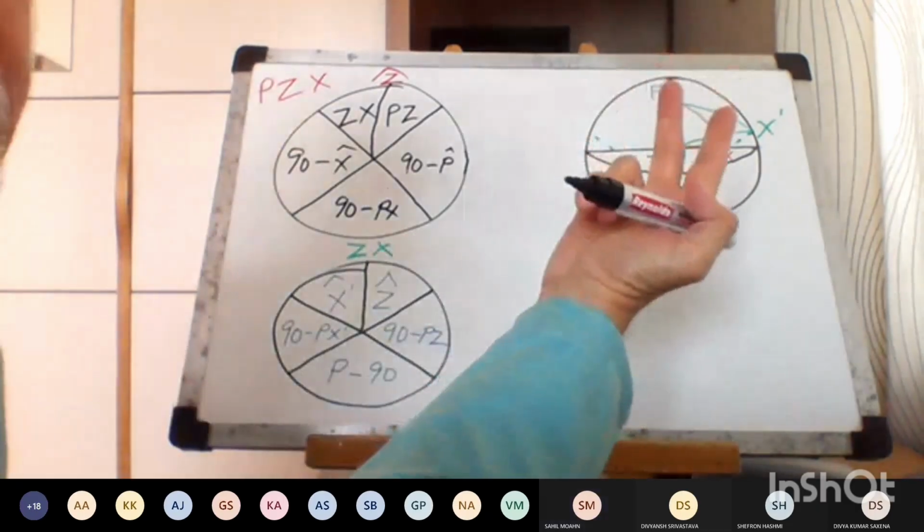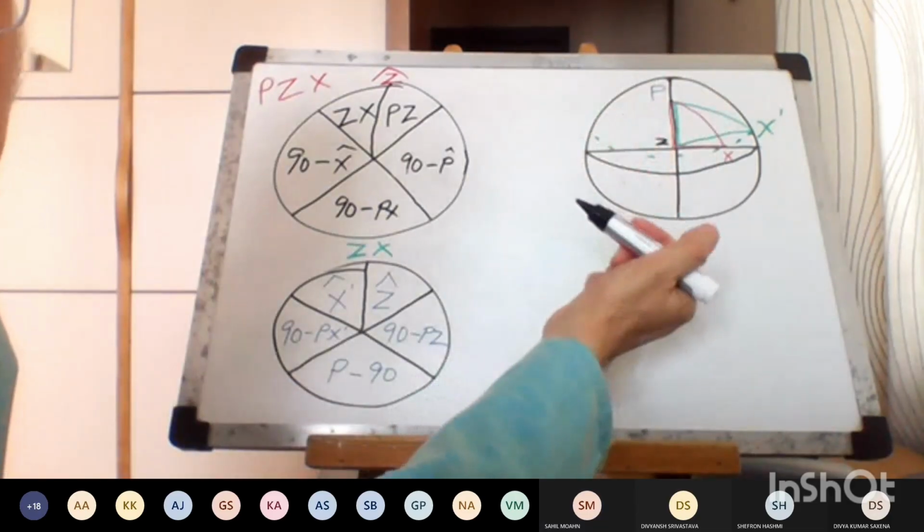There are two ways in which you can do it, depending upon what value is given to you in the question.